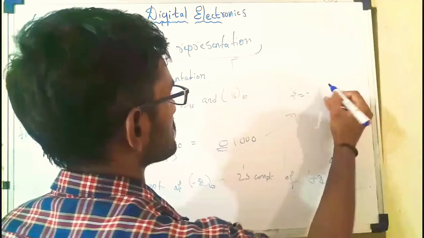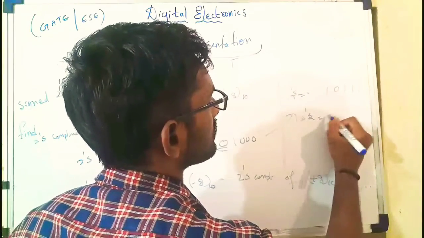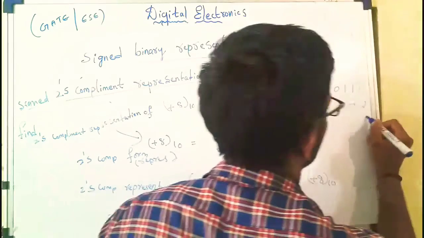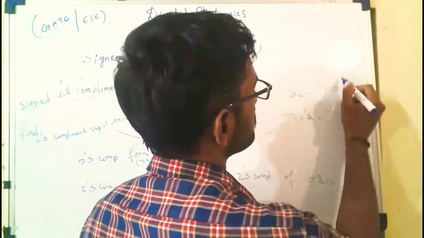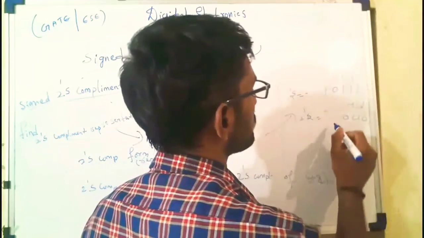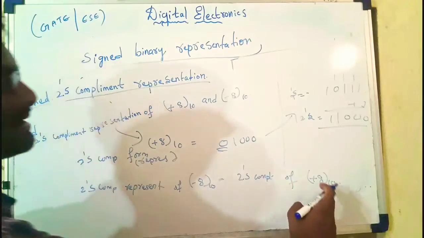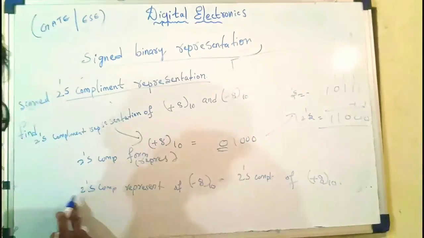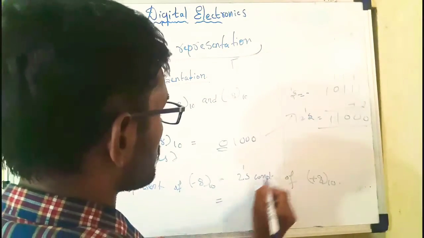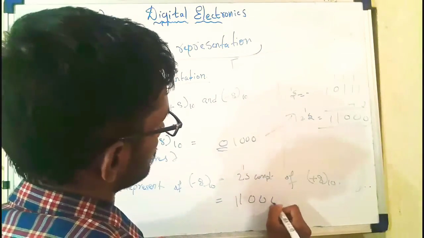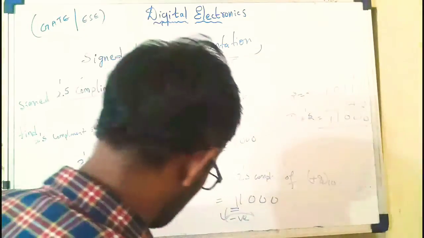For this, 1's complement is nothing but 1, 1, 1, 0, 1. 2's complement equal to, just add 1. 1 plus 1, 0, we will get 1 carry, 1 plus 1, 0, carry will be 1, 1, 1. This is the 2's complement of plus 8 to the base 10, which is nothing but 2's complement representation of minus 8 to the base 10. This 1 represents that the number is negative.